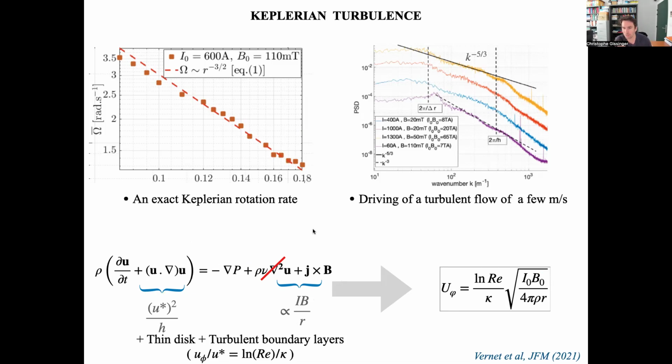This force balance provides a Keplerian rotation. To get the exact formula, we need to do the real calculation, which is in this paper here; this is just an order of magnitude. But the force balance between inertia and Lorentz force provides a Keplerian rotation, and this is the dashed line. So you see that there is good agreement between this theory and the data.